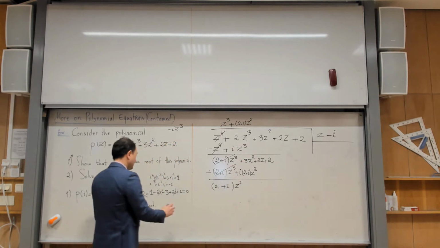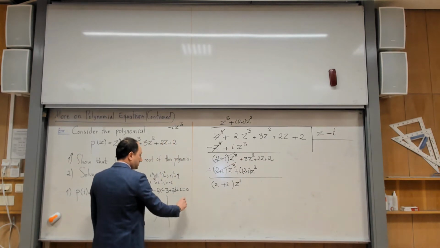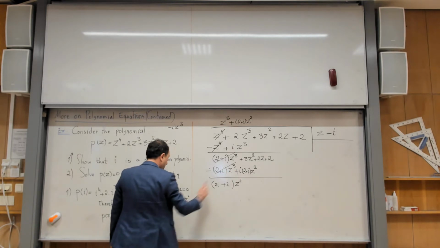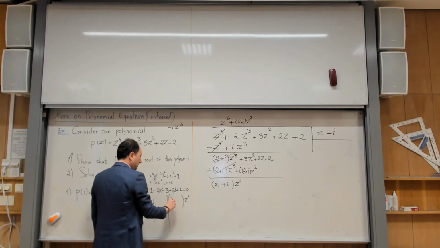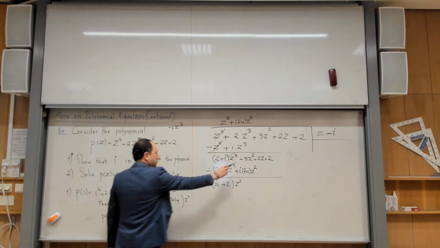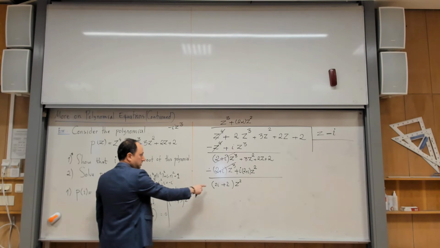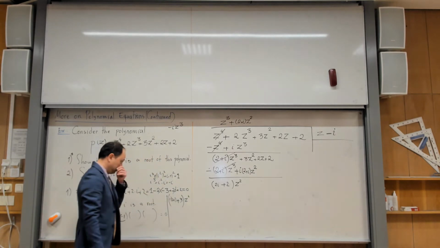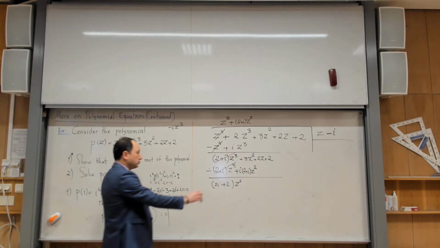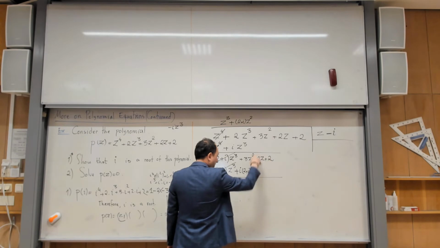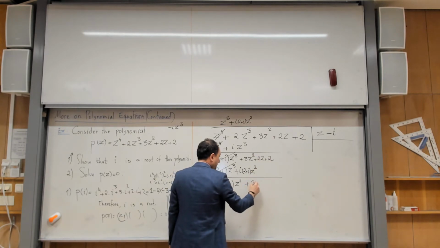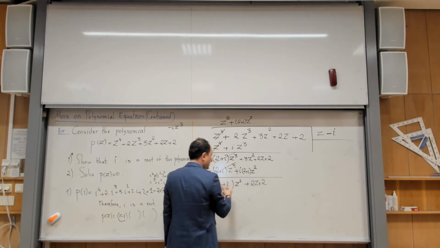If you want, I can write it here for you. So I factored a z squared out, i times 2 plus i from here, plus 3. And I multiplied this in and simplified, and I got that. But there are 2 more terms left over, so I just bring them down. And I just continue the process.